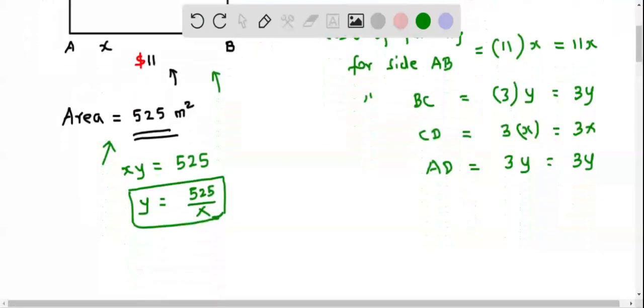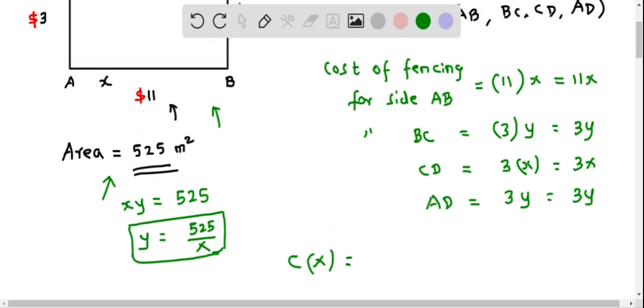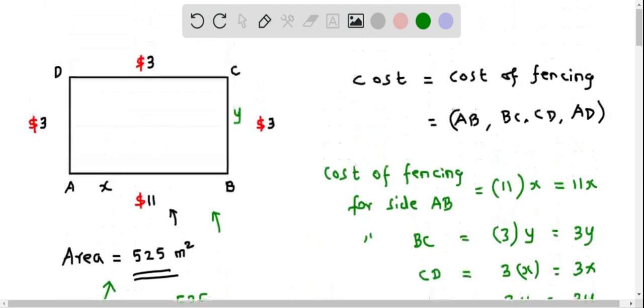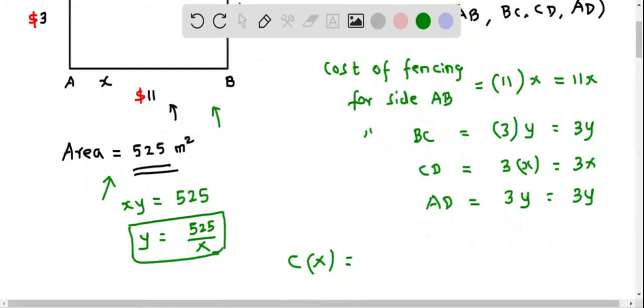Now let's write down the complete cost function. I'm going to write this as C of X, and this equals the cost of fencing of all four sides. So we have to basically add up all these expressions, that is 11X plus 3Y plus 3X plus 3Y.